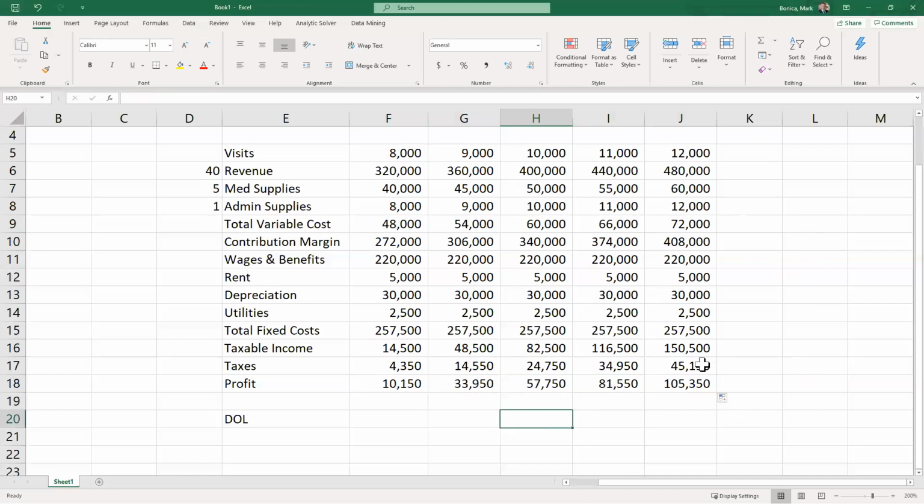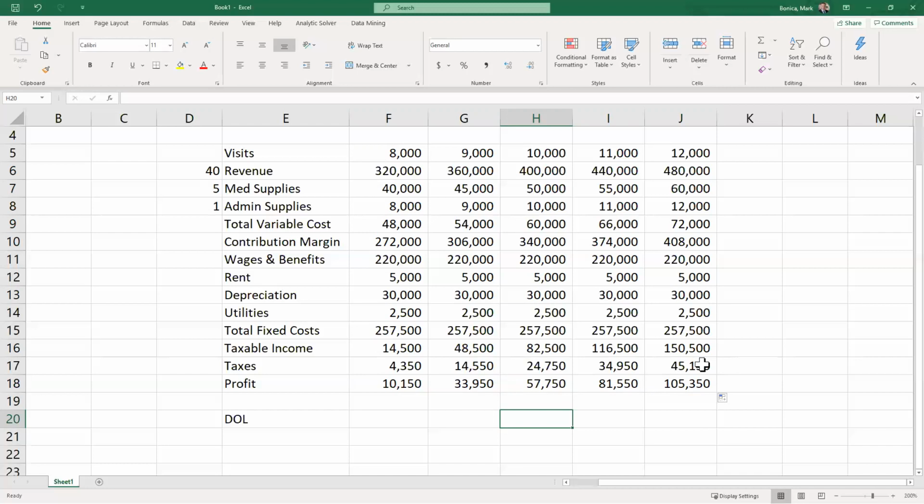Okay, so then the second part of part A is asking, what is the clinic's degree of operating leverage at this volume level? The degree of operating leverage is a measure of how responsive your pre-tax, pre-interest profit is with respect to changes in revenue.